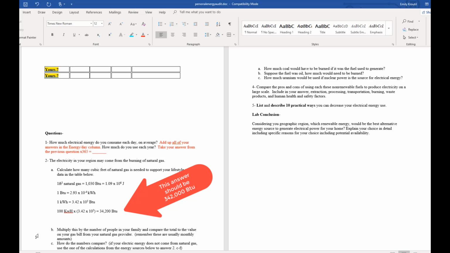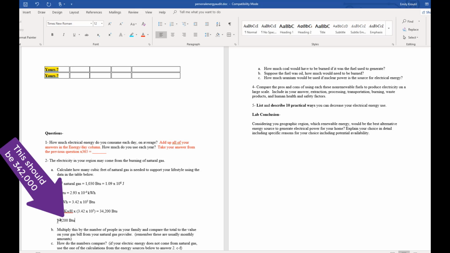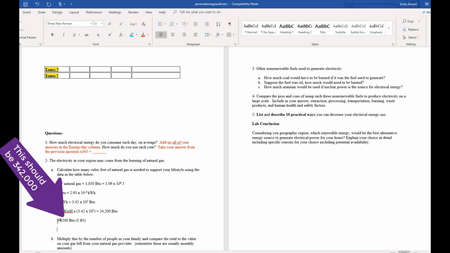Okay, so now we have our BTUs. Now if you look here, a foot cubed of natural gas is 1030 BTUs. So we can take this 34,200 BTU and multiply by 1 foot cubed divided by 1030 BTU.